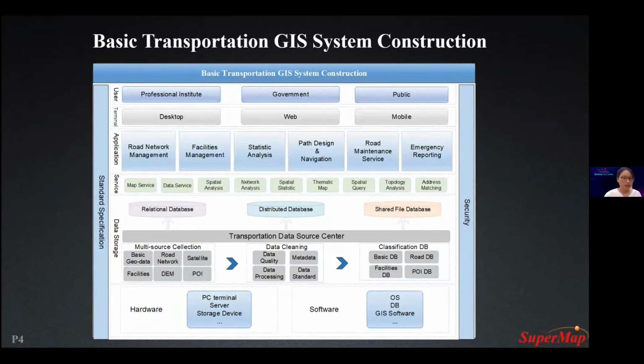So the next layer is what kinds of services need to be used for developing applications. It is based on the requirements of the system. The basic applications of a transportation GIS system should include road network management, traffic facilities management, statistics analysis, route design, and so on.